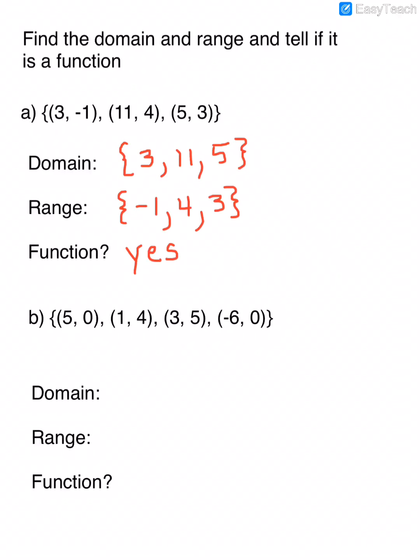All right, let's look at B. Here we have 4 points in our relation. And the domain of these 4 points would be all of the x values. So 5, 1, 3, and -6. And the range are all of the y values, which would be 0, 4, 5, and then we have a 0 again, but we don't need to list it again.